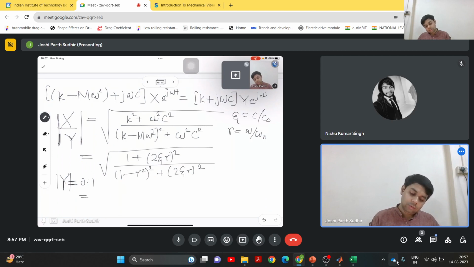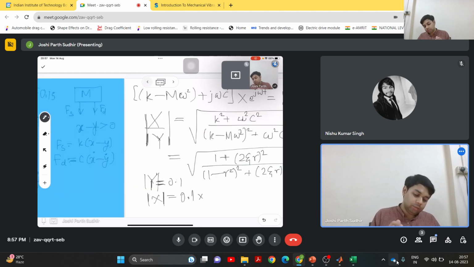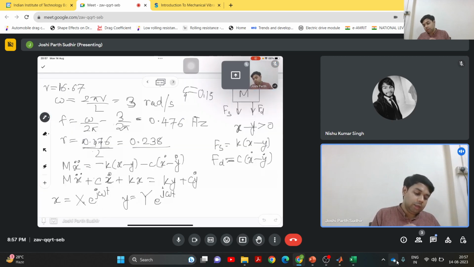So therefore the amplitude X will be 0.1 times the square root of 1 plus 2 zeta r square for this expression. So if we substitute the values, r we have already found out is 0.238 and zeta is 0.15.